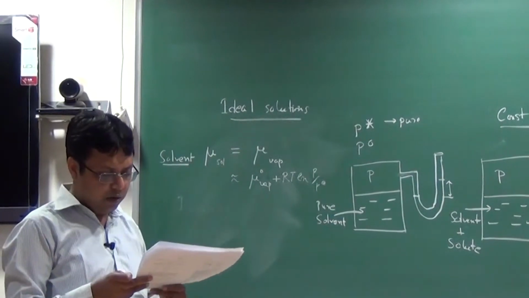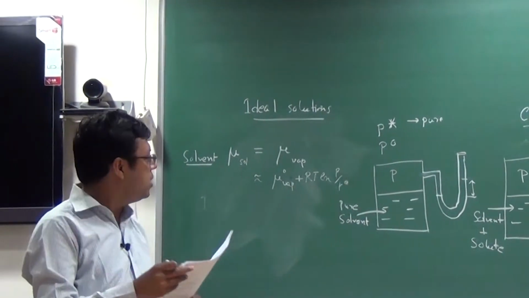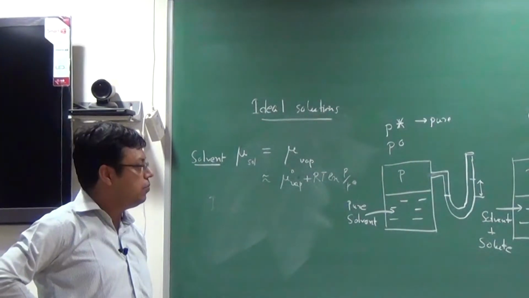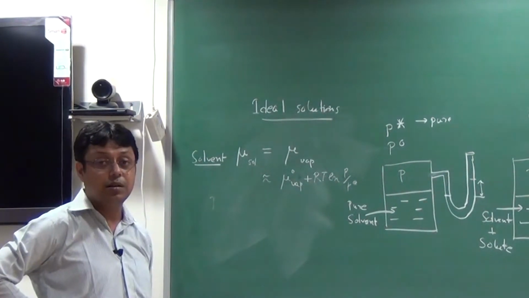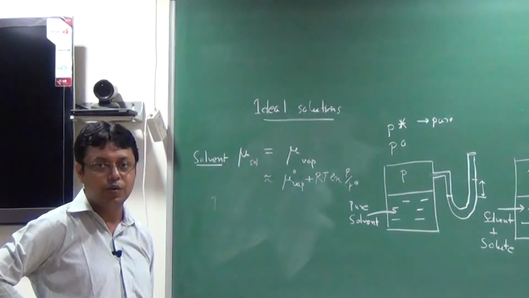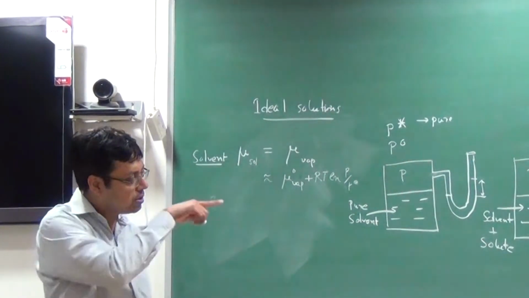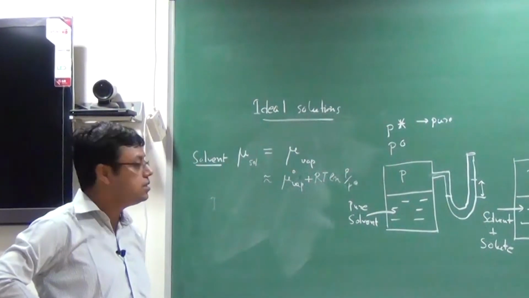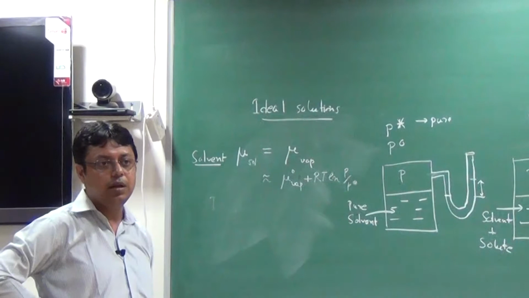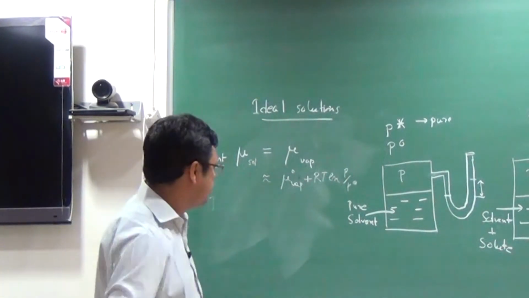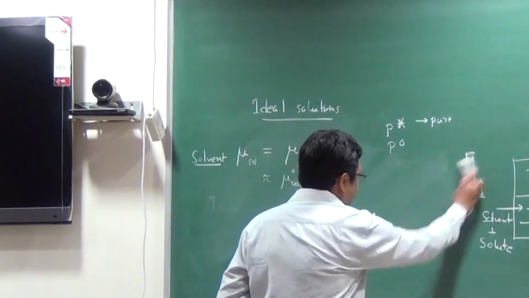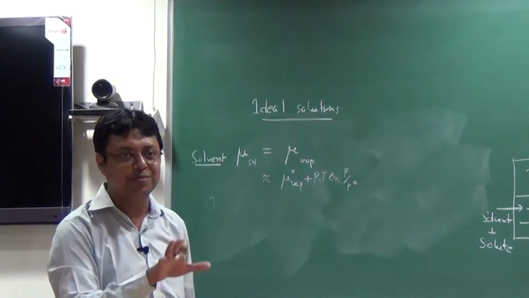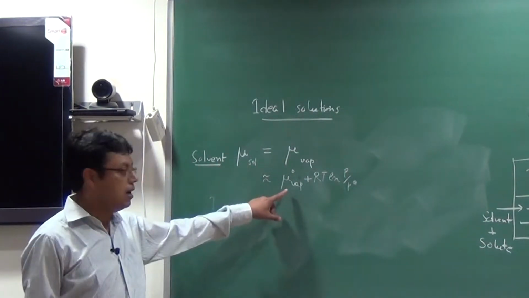Now let us think about it. What is P? We already showed that P is the vapor pressure of the solvent in the solution, which is proportional to the mole fraction x1. So we just replace this P by P star into x1. There are many pressure terms here, which is why I'm asking you to pay attention.